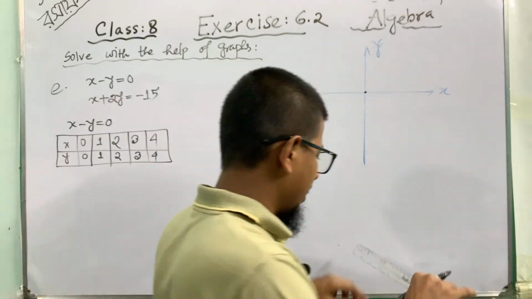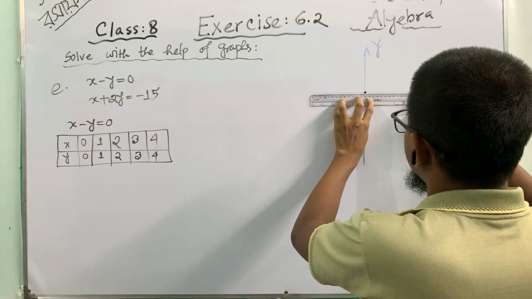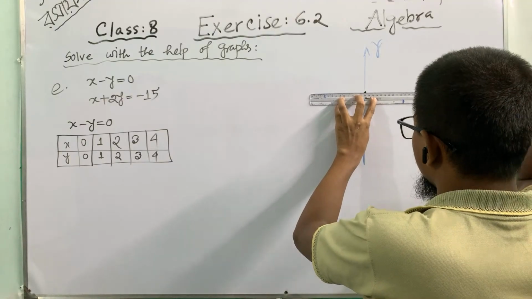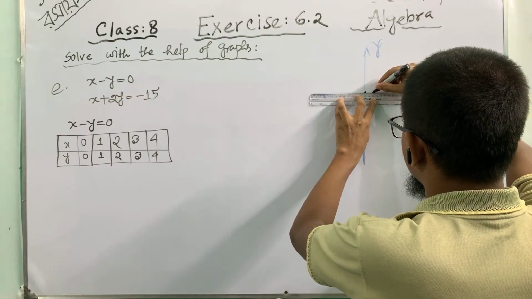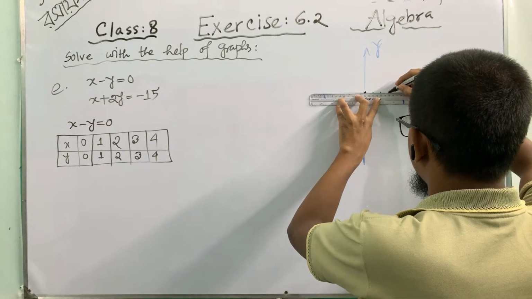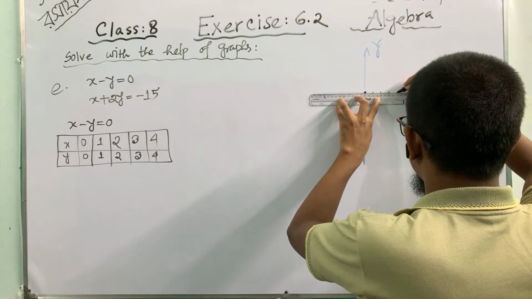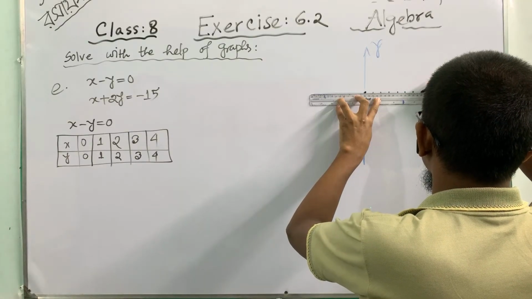So let me quickly figure out x equal to 1. So I'm going to consider this point to be 1, and this to be 2, this to be 3, this to be 4, this to be 5, this to be 6, this to be 7.